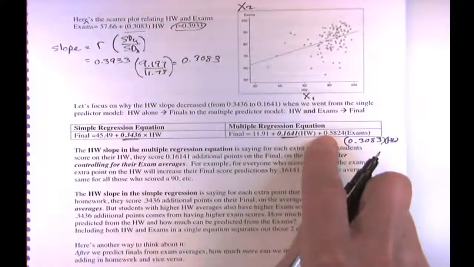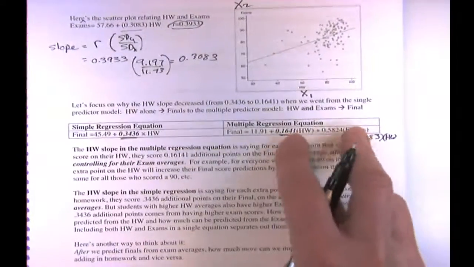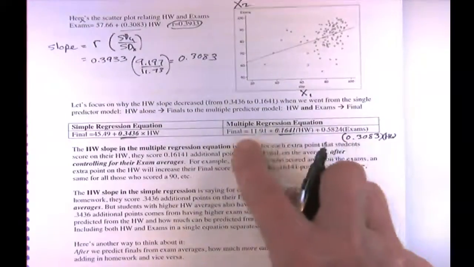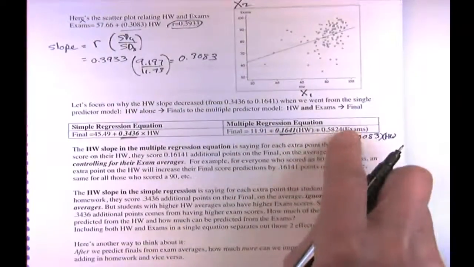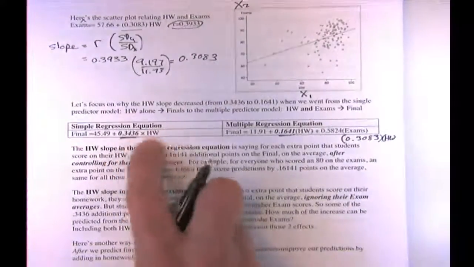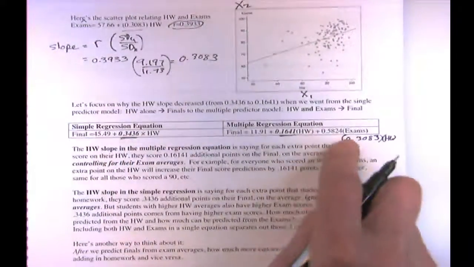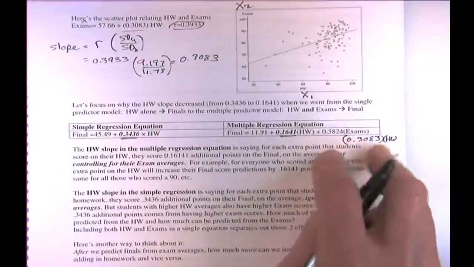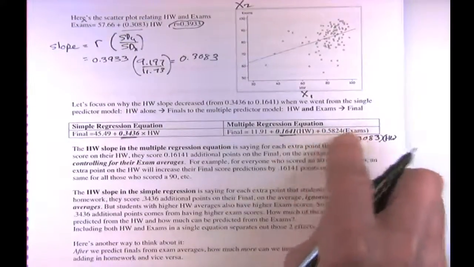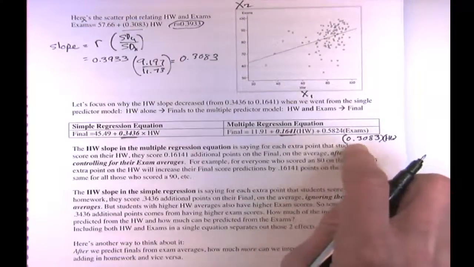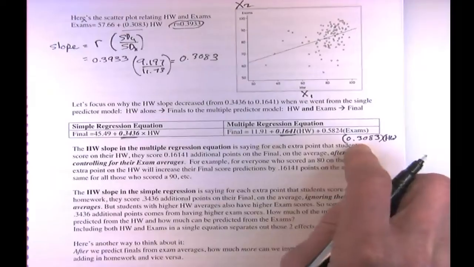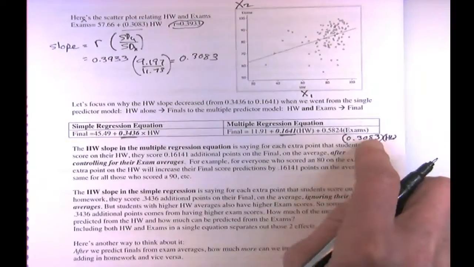So you're saying, okay, when you separate it out, when you partial them out, this is the part of the final that's explained by the exams, right? But now when you smush it all together, the exams are also correlated with the homework. So part of this could be expressed as due to the homework.